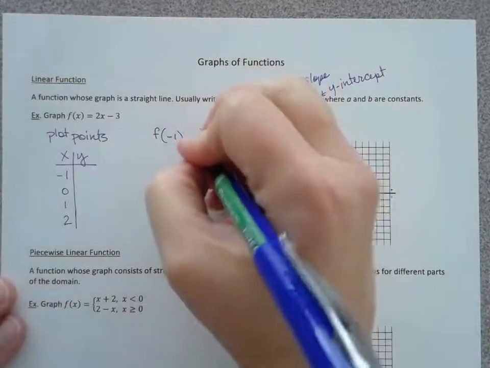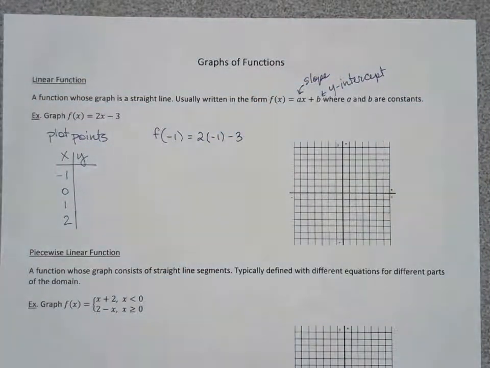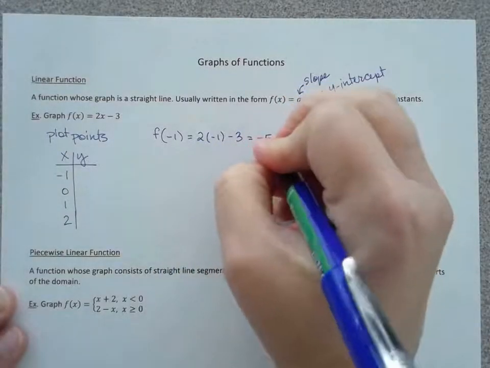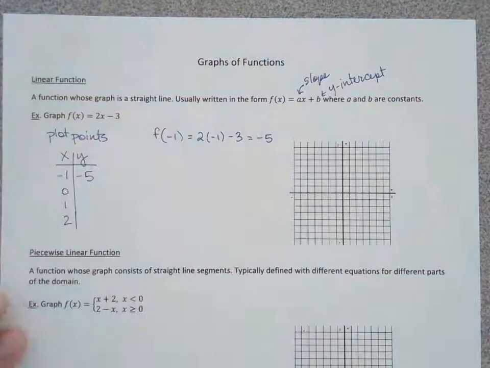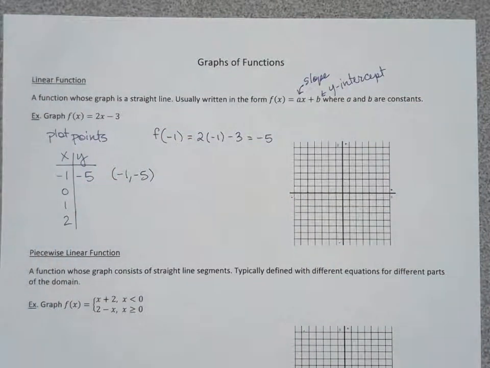So we have 2 times -1 minus 3. That's going to give us -2 minus 3, which is -5. So we have the ordered pair -1, -5.